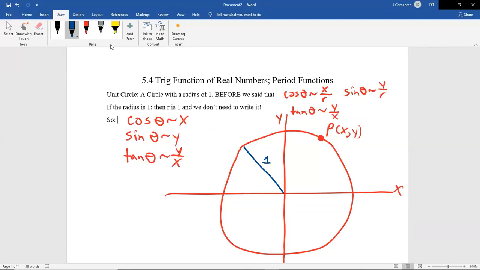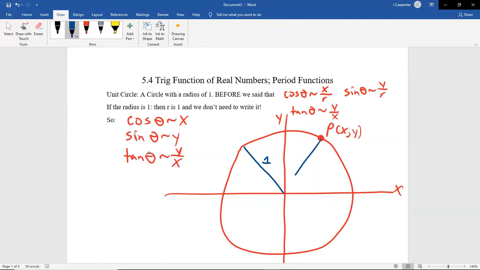But you can just say that those two values would give you all the trig functions. If you want to know the cosine, it's just the x value if you're on the unit circle. If you want to know the sine, it's just the y value if you're on the unit circle. The cosine is x, sine is y, tangent is that ratio. And then you have those three reciprocal functions. Secant would be 1 over x, cosecant would be 1 over y, and cotangent would be x over y. But I choose not to write all the reciprocal ones down generally because you can do exactly as I just said.